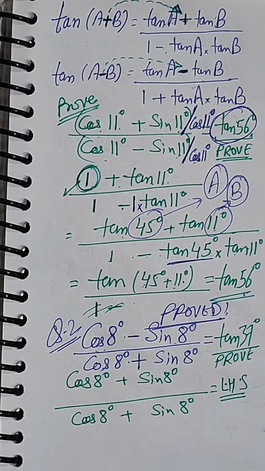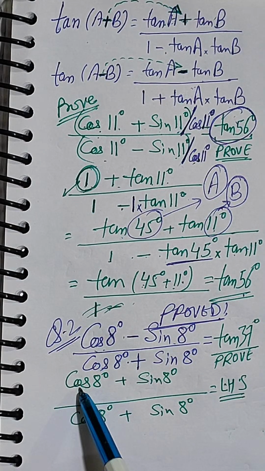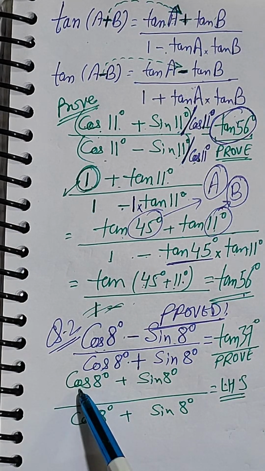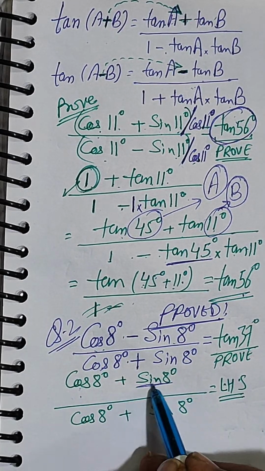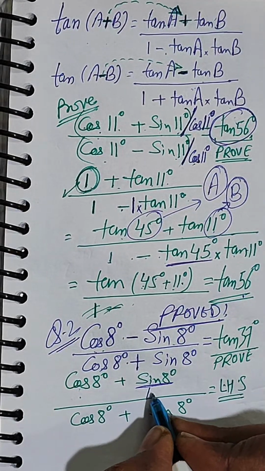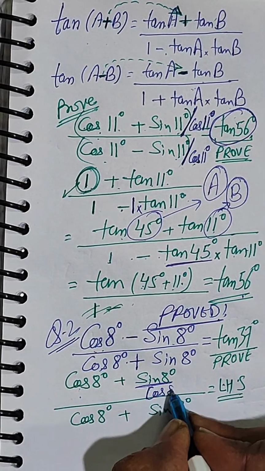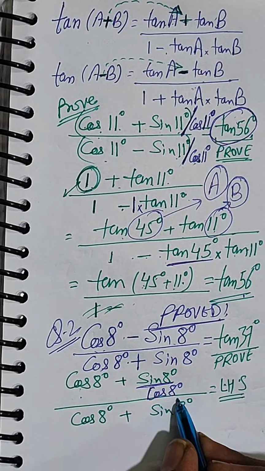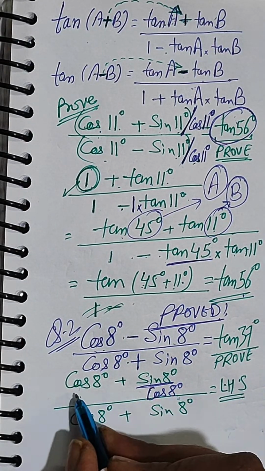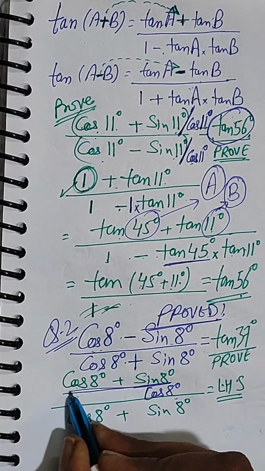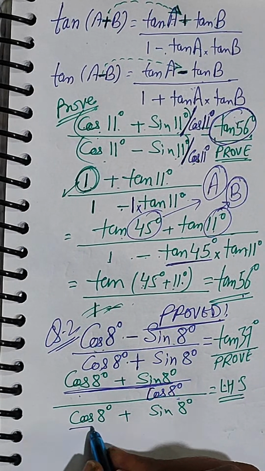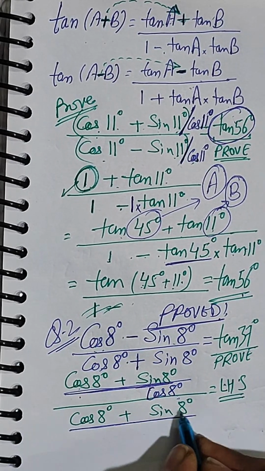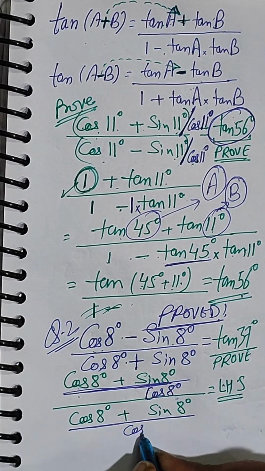So how will this be converted into tan? Cos will be converted into cot when divided by sine. But sine can be converted into tan when it is divided by cos 8 degree. But it was not present earlier. So that's why divide the entire fraction by cos 8. Similarly, divide the entire denominator with cos 8.